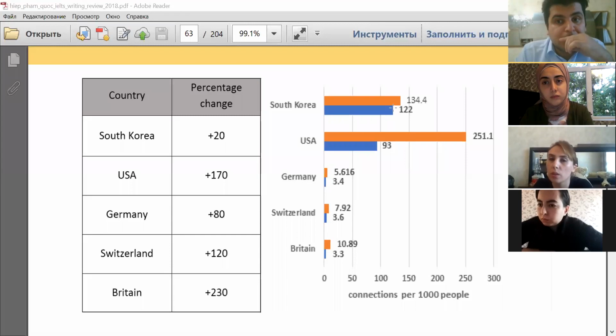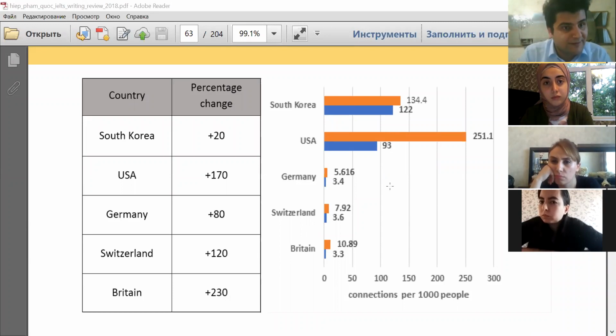It was 122, and it increased 20% and reached 134.4. Exactly. But my instruction actually was that body part 1 covers 2001 and all countries.